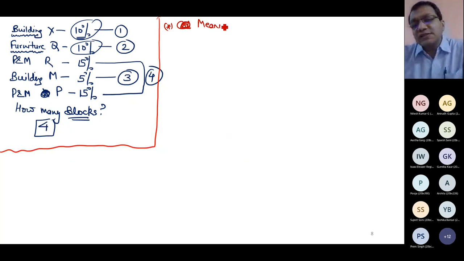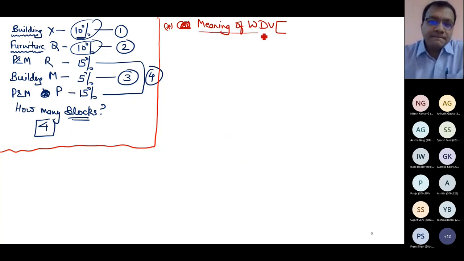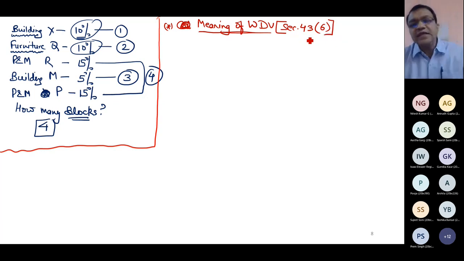Do you remember which section is this meaning of WDV? I showed you the act. Do you remember where this WDV was written? Sir, section 43. Which subsection? 6. Clause C, subclause 2. But let us not discuss those. In fact, even this section is not required for you to be learned. I am writing it only for your clarity. Otherwise, you are not supposed to learn the sections.